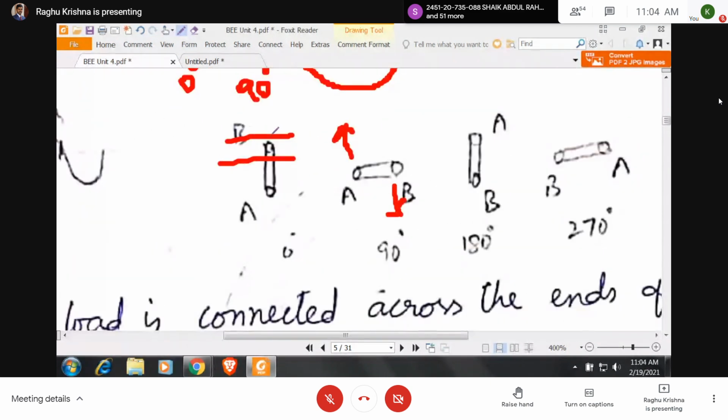Let us take these as the lines of force, and the conductor B is moving. When it moves parallel to the lines of force, the flux cut by the conductor will be 0 and the induced EMF will be 0.